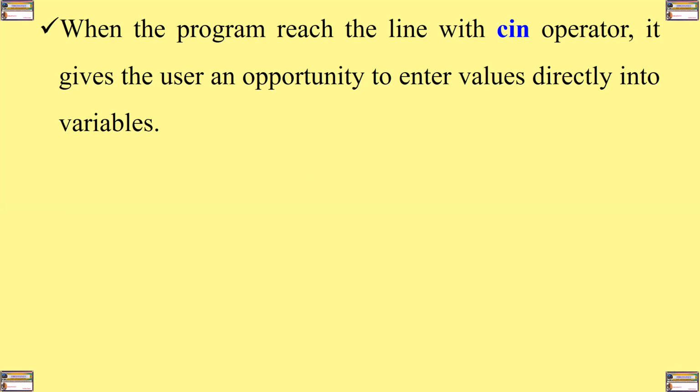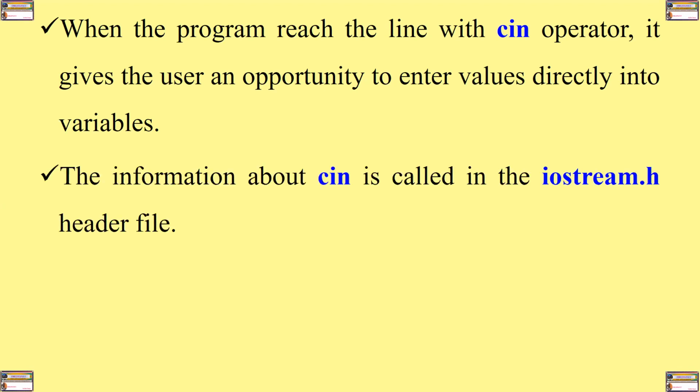When the program reaches the line with the cin operator, it gives the user an opportunity to enter values directly into variables using the keyboard. So you just type. The information about cin is found in our stream header file.